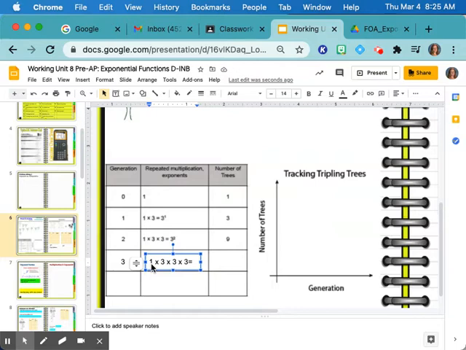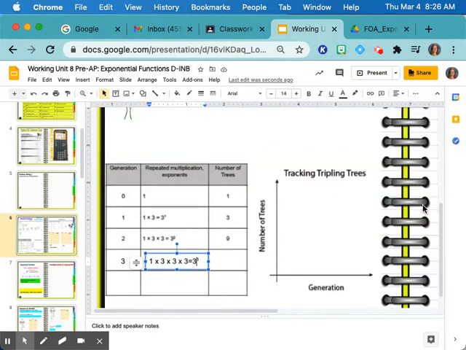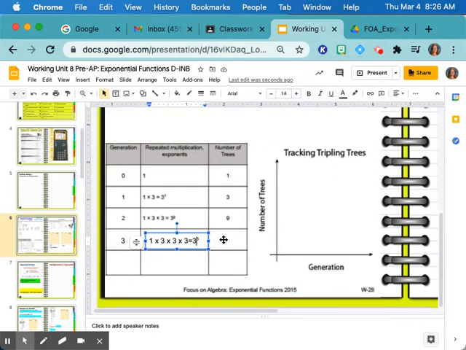We can leave the 1 off, and we can write this as 3 to the 3rd power. You're going to have to expand this a little bit. Do y'all remember how to do the exponents? Command and then the greater than symbol? Oh, yeah, control. On Macs, it's command.